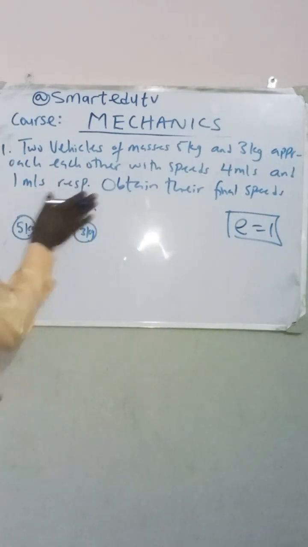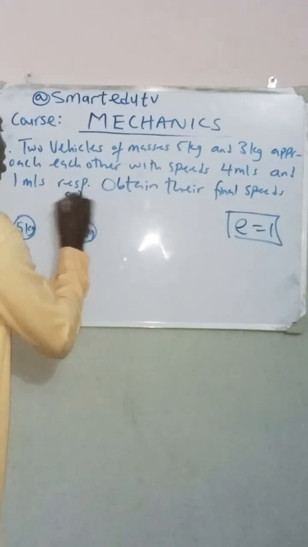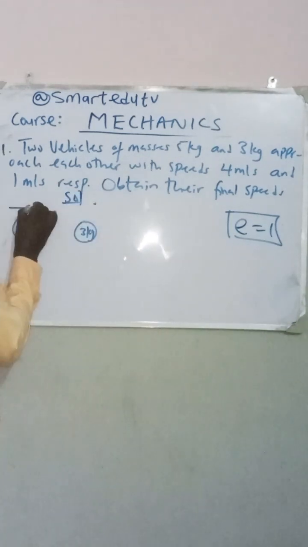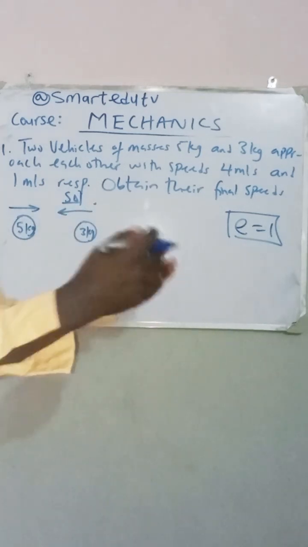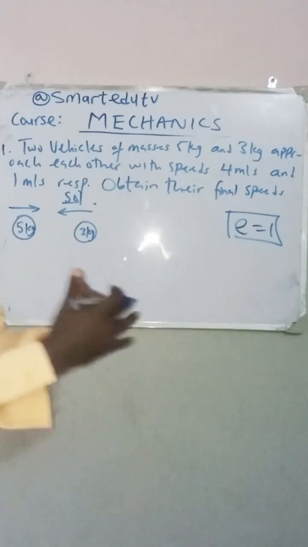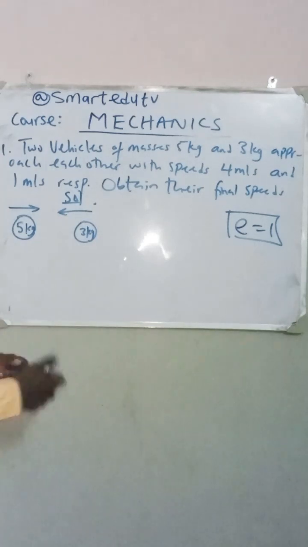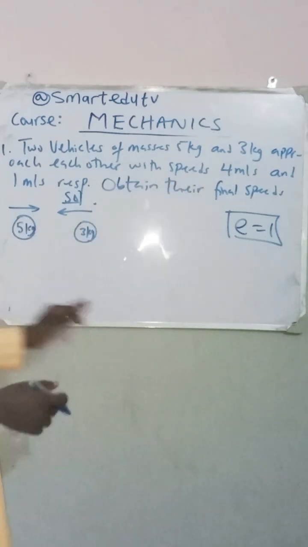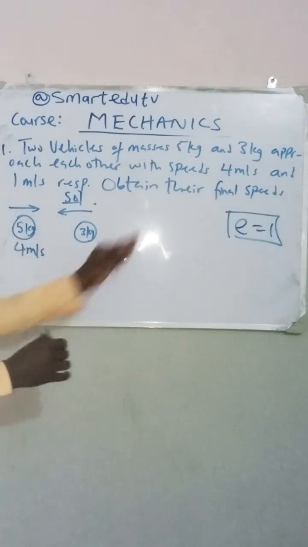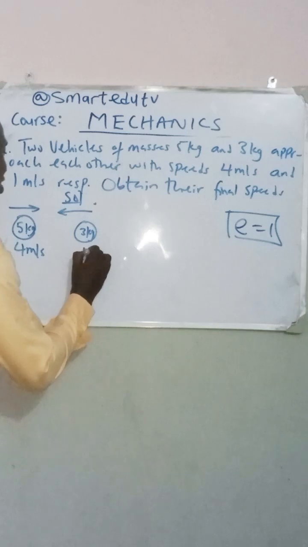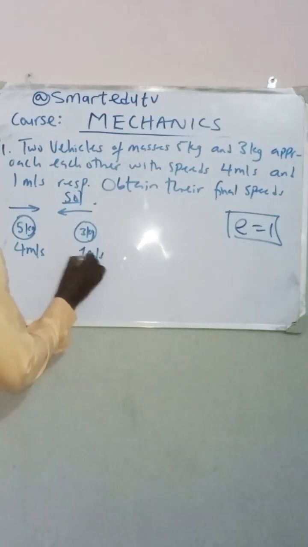For them to approach each other, it simply means that if this is moving towards this direction, this should move towards this direction. They are facing each other. That's the meaning. Okay? The speed of the first one is 4 meters per second, and the speed of the second body is 1 meter per second.